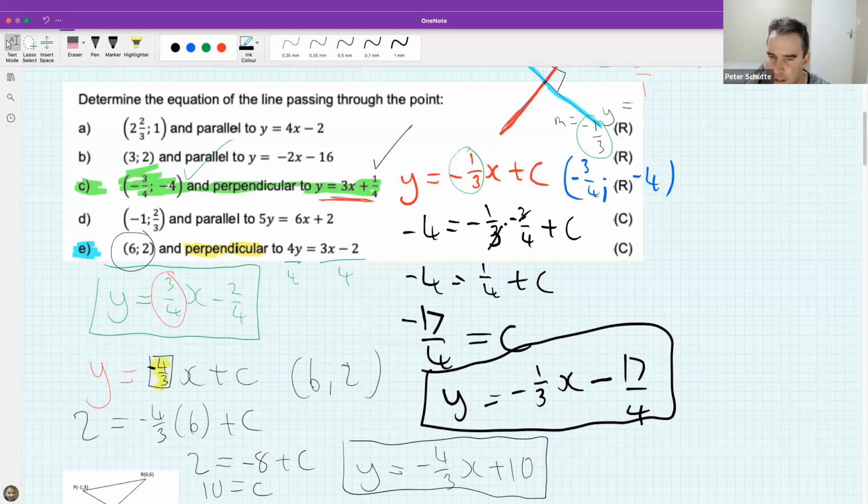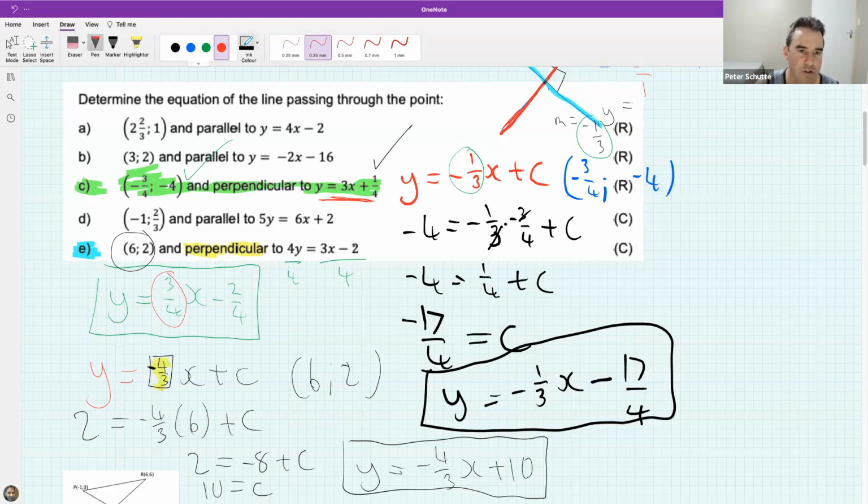I will re-explain. So step 1 was to change this straight line formula into standard form. So that's what I did here. Once I got the gradient of the original line, I can then use that to help me find the gradient of the perpendicular line, which is then -4/3.